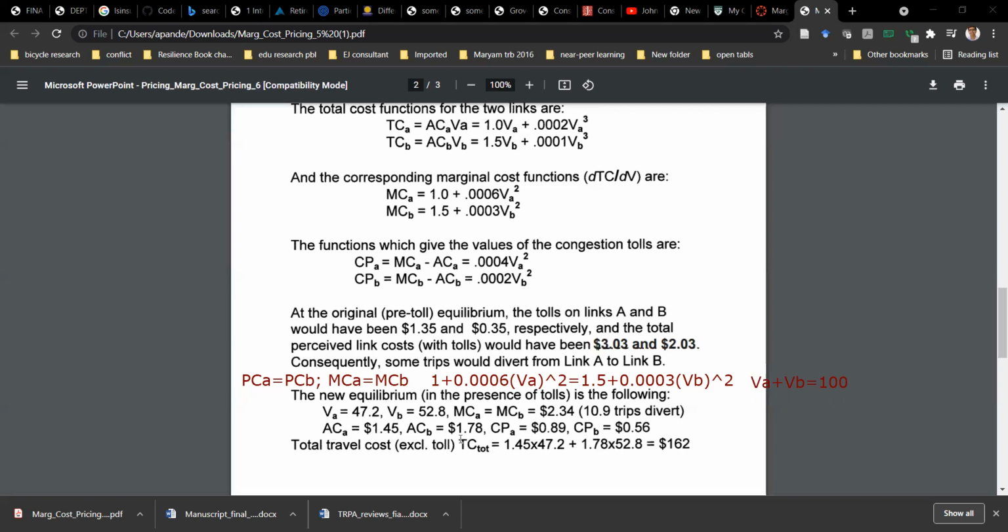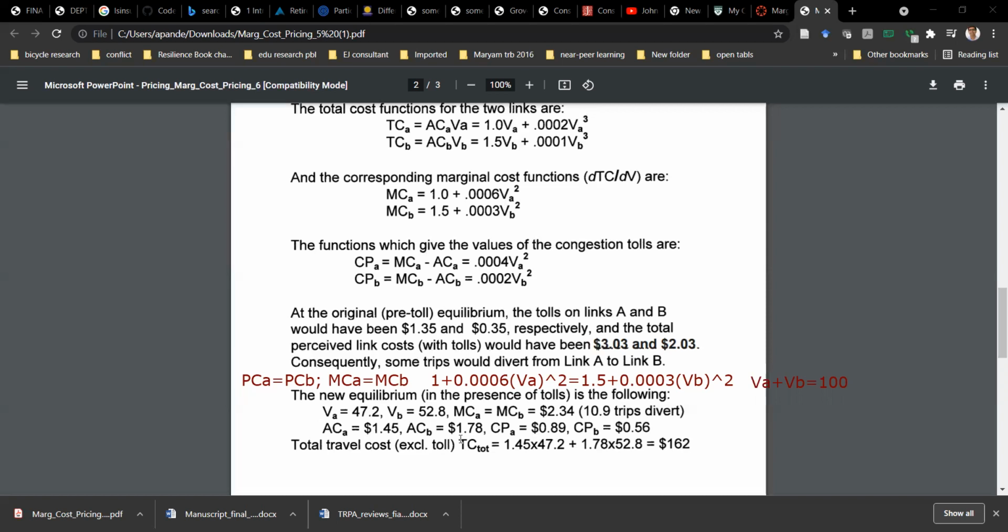You will also notice that the average cost on route A is only 145. The average cost on route B is 178. What has happened is that because the trips went from route A to route B, route A's average travel time went down, and route B's average travel time went up.